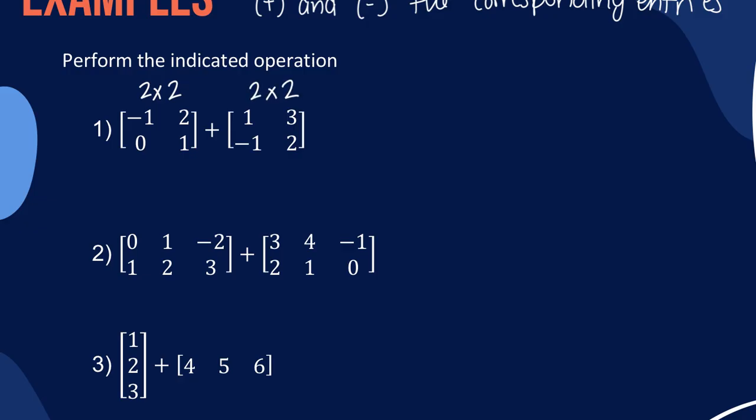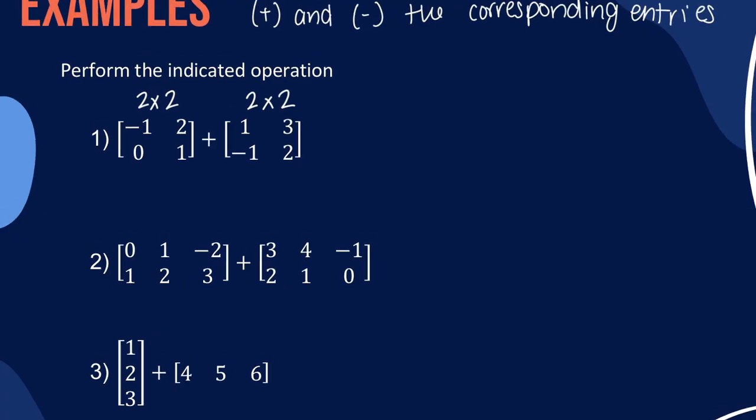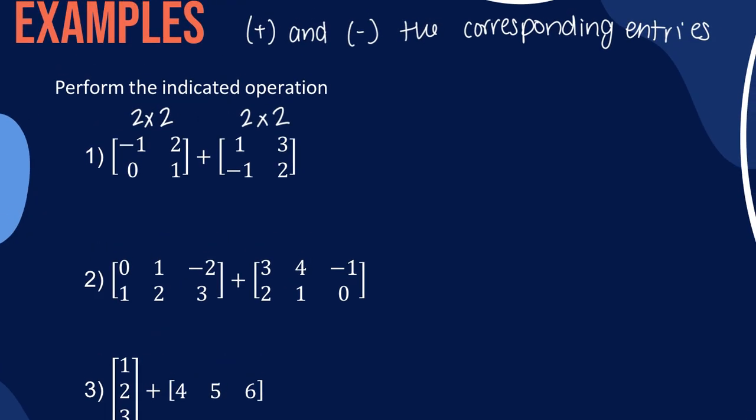Because I have the same dimensions, I can go ahead and figure out my answer. I have to find, like we said before, the corresponding entries. What's corresponding to -1? That would be my positive 1. Writing my answer, I'm going to have my brackets. -1 plus 1 would give me 0.